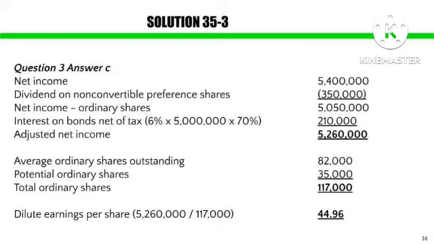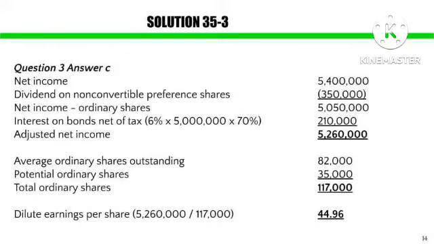For the third question of problem number 3, what is the diluted earnings per share? The formula for diluted earnings per share is adjusted net income divided by total ordinary shares.